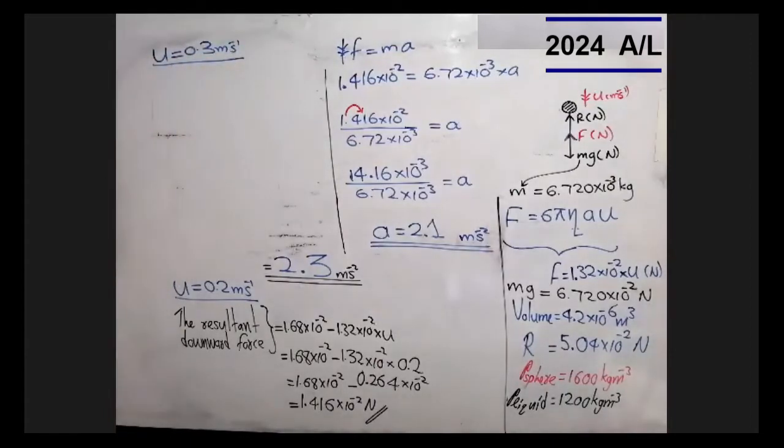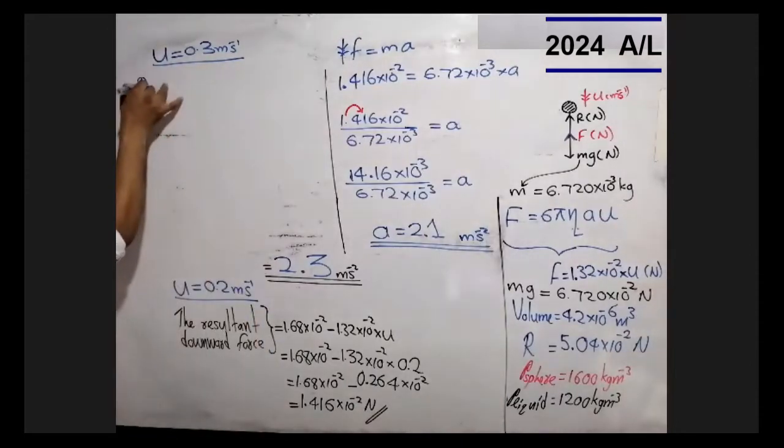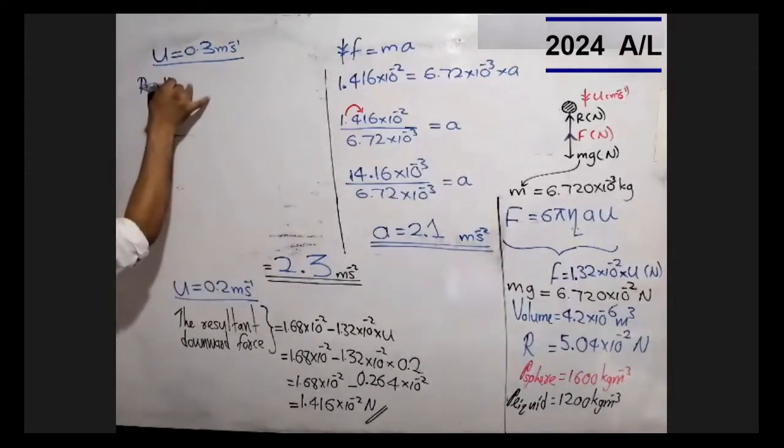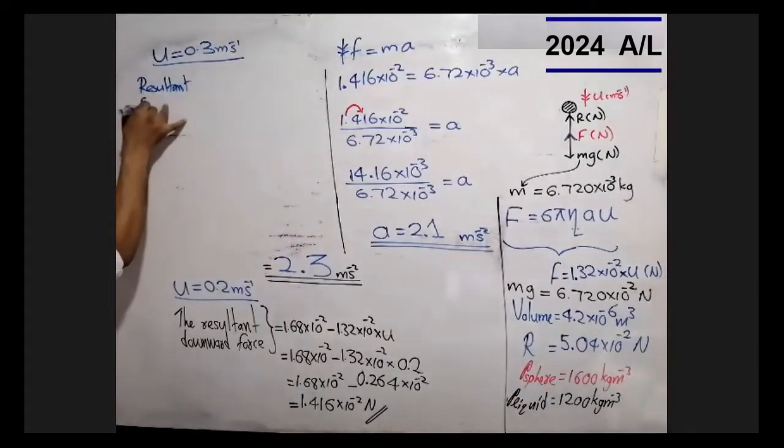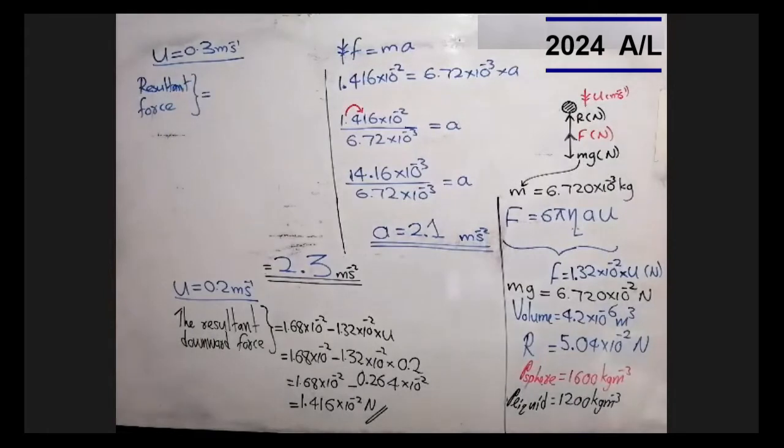If I write here, can you see it? So now the resultant force. I think you can do it without my help. The resultant force acting on the sphere when the velocity of the sphere is 0.3 meter per second.